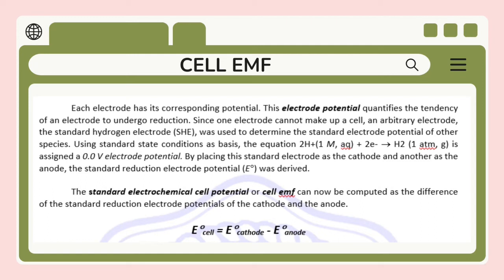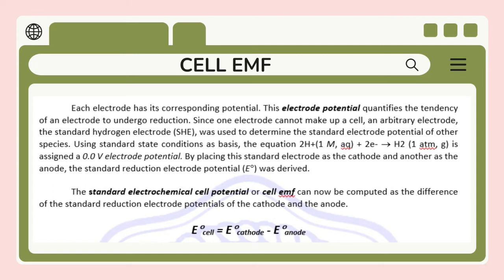Using standard state condition as basis, the equation would be 2H+ (1 M, aqueous) + 2e⁻ produces H2 (1 atm, gas), which is assigned as 0.0 V standard electrode potential.